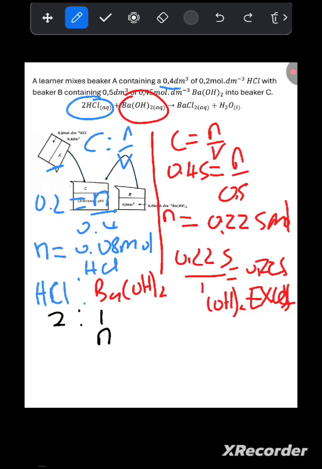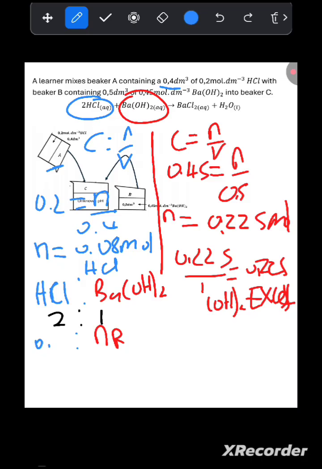Remember, I'm looking for the number of moles of the excess that reacted with all the number of moles of the HCl, the hydrochloric acid.